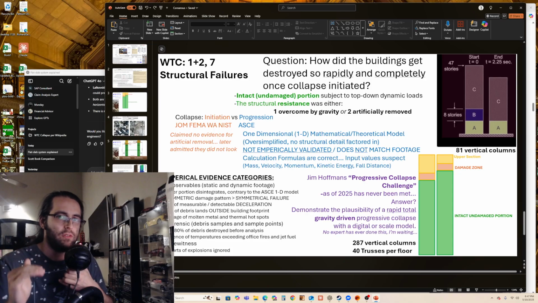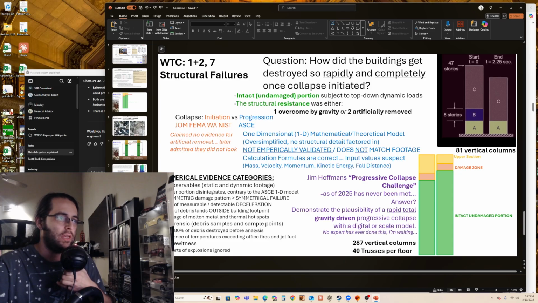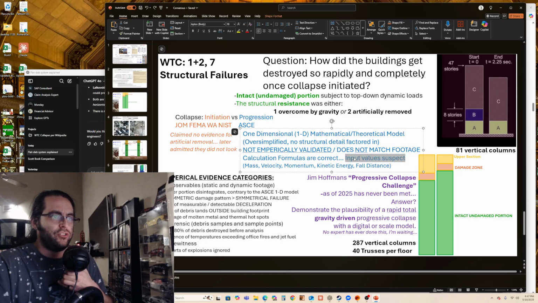I'm so sick of looking at those collapses. Look at them for yourself. You'll see it explode to dust before anything even happens to the lower portion. The input values were challenged by people, the Architects and Engineers for 9/11 Truth.